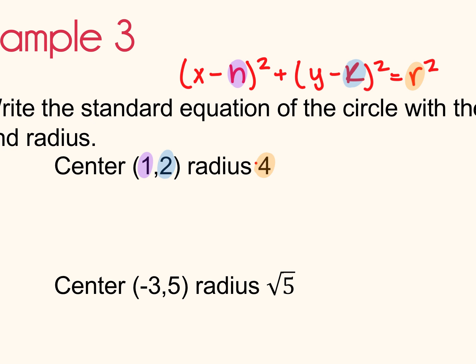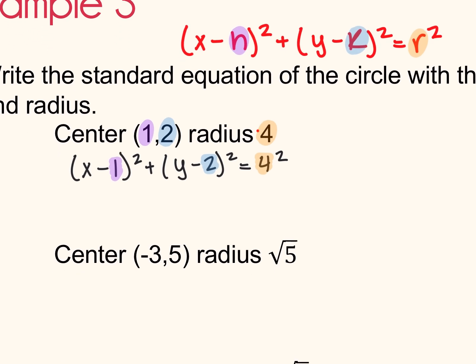So looking at what I have, I'm going to go ahead and write it out. I'm going to have x minus 1 squared plus y minus 2 squared equals 4 squared. Just highlighting what I plugged in: I have my 1, I have my 2, and I have my 4.